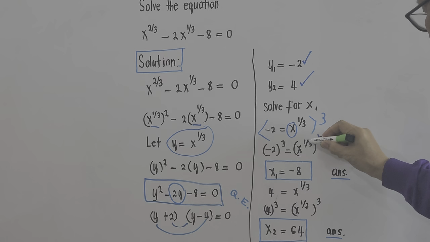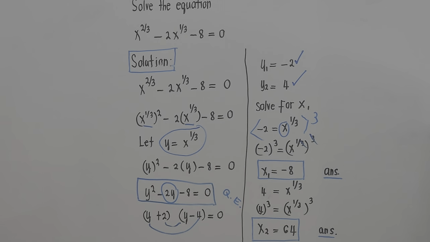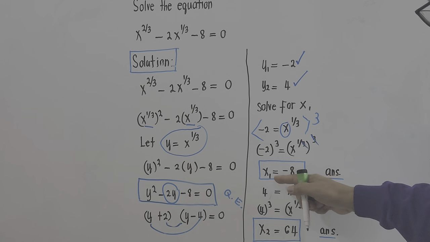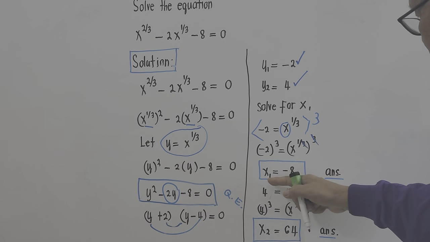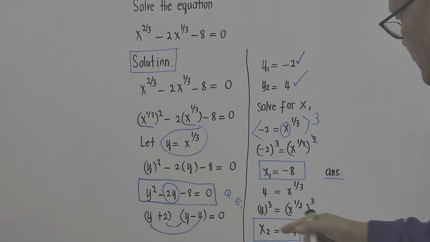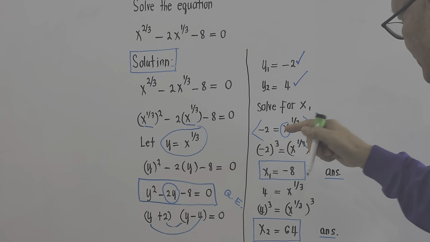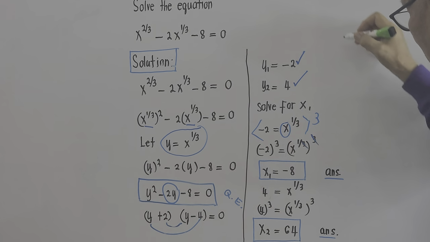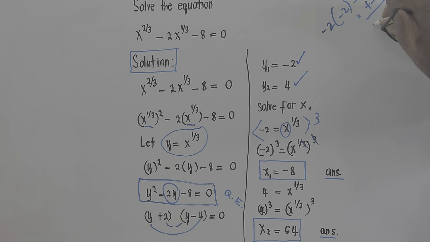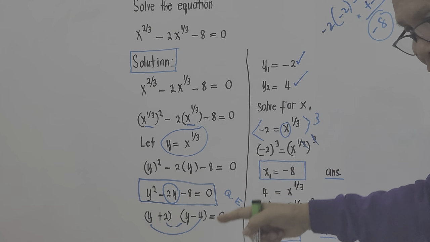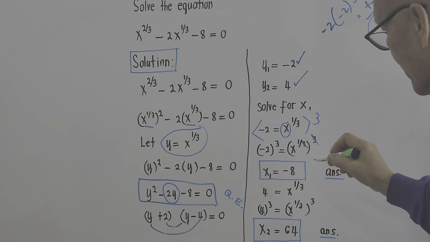These 3s here cancel. Right? So x with the subscript 1, meaning the first value of x, will be negative 2 raised to the third power. Negative 2 times negative 2 is positive 4. This is multiplied by negative 2. We multiply, so this will become minus 8. So the first value of x will be negative 8.